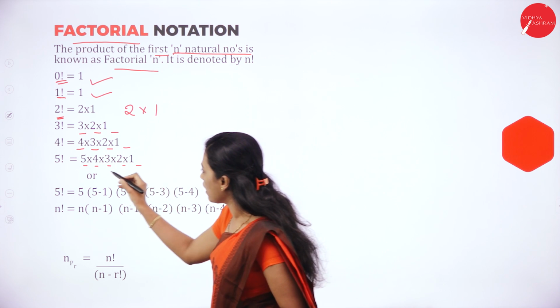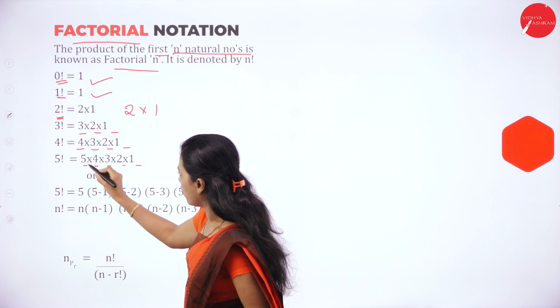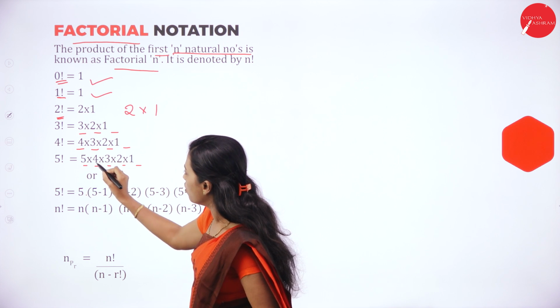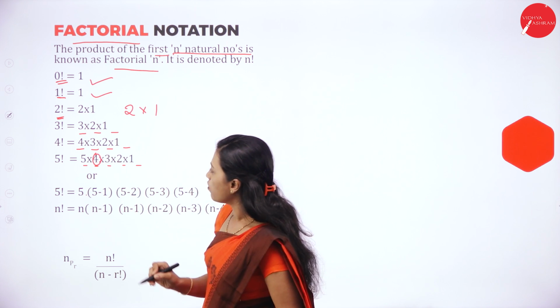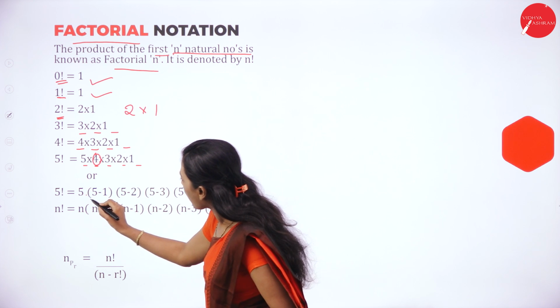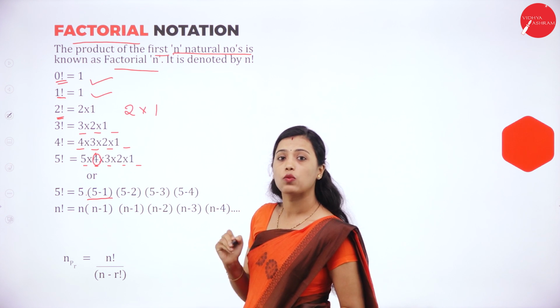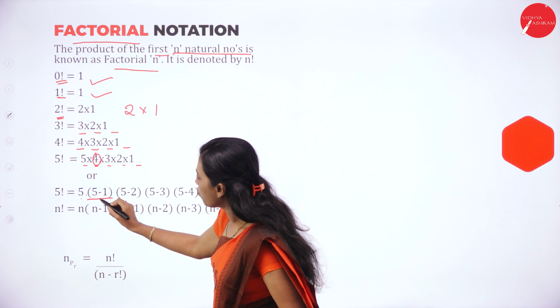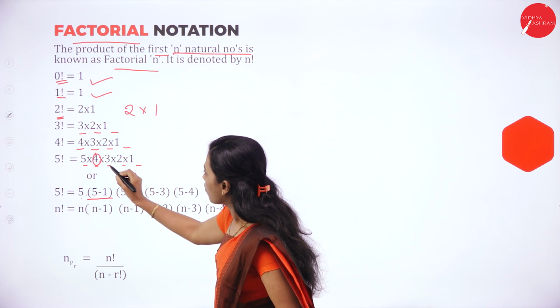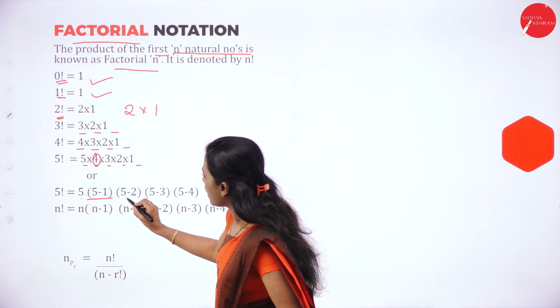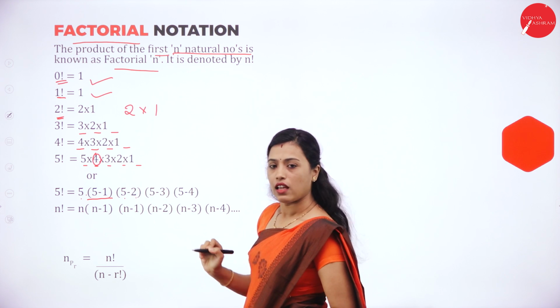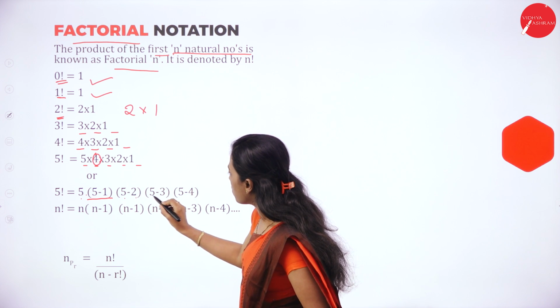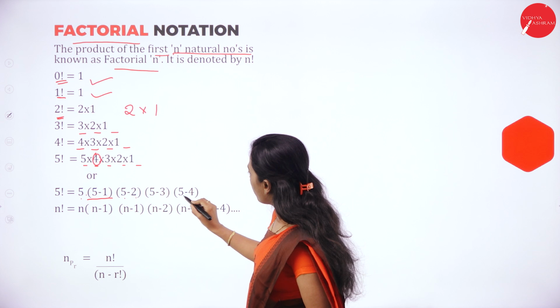Or we can write 5 factorial is equal to 5 into... here 4 is there. We can write 4 as 5 minus 1. Then 3 is 5 minus 2, 2 is 5 minus 3, and 1 is 5 minus 4.